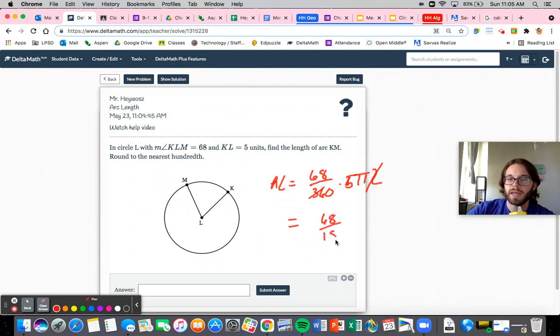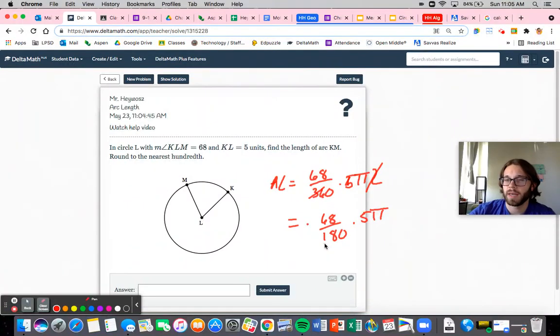So 68 over 180 times 5 pi. Now, is this divisible by 4? Let's take a look. Divided by 4, that appears to be 17. So that's divisible by 4.